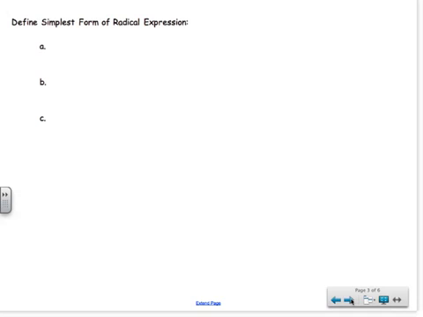Now, the simplest form of a radical expression has to have three things. There are no fractions under the radical, no radicals in the denominator.